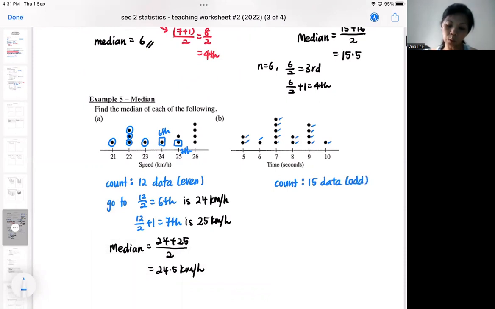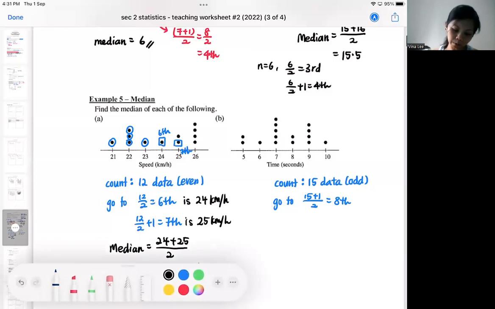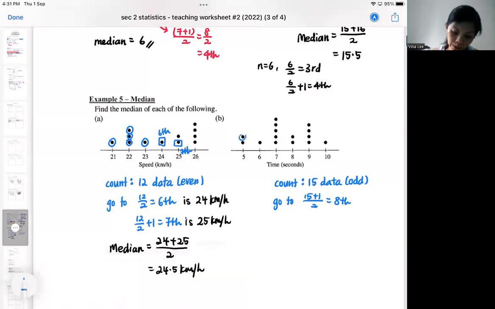So who do you go to? You're going to go to 15 plus 1 over 2, which is the 8th data. So you got to go to the 8th data, the 8th one that is arranged. So you count 1, 2, 3, 4, 5, 6, 7, 8.